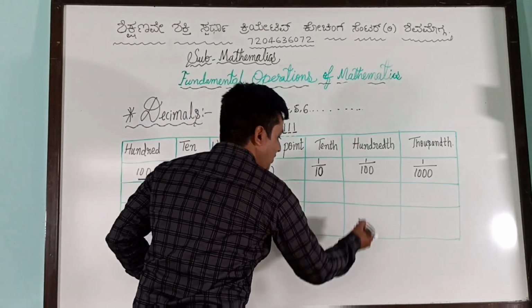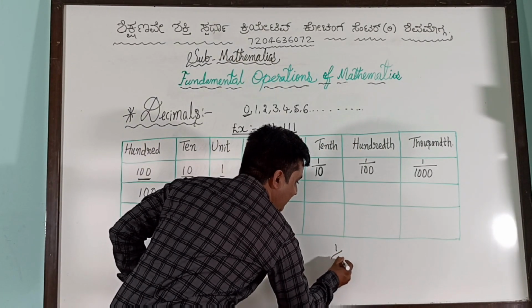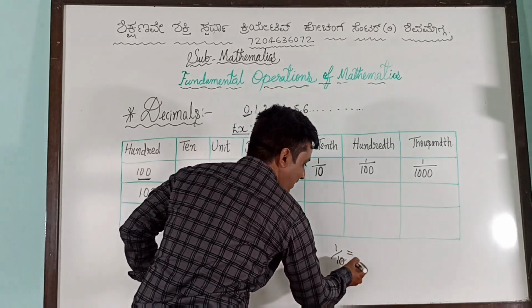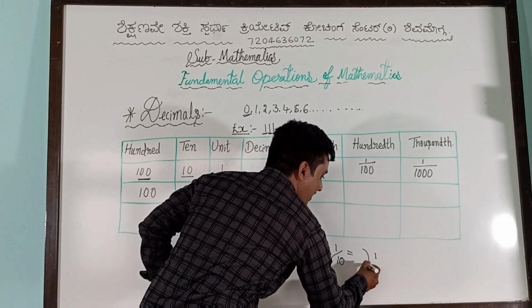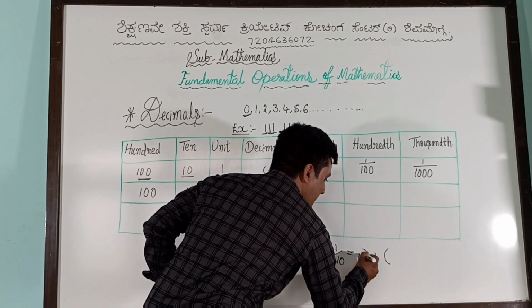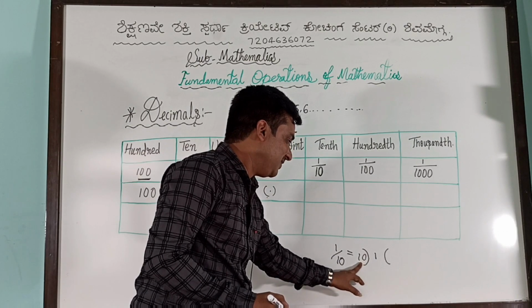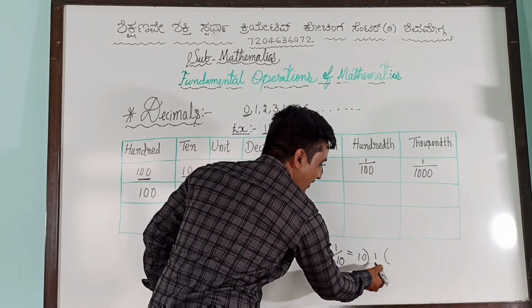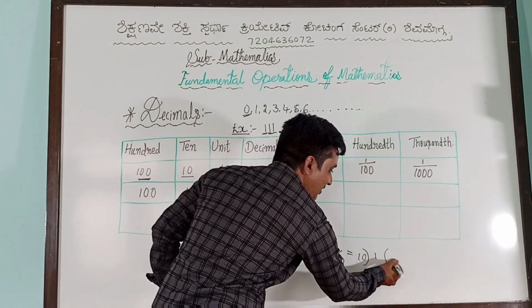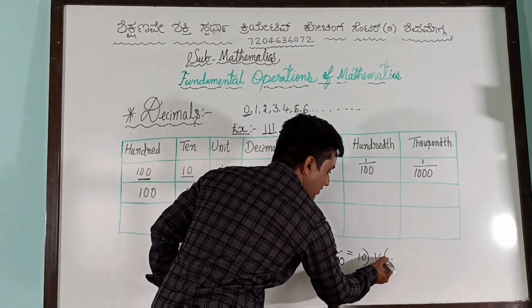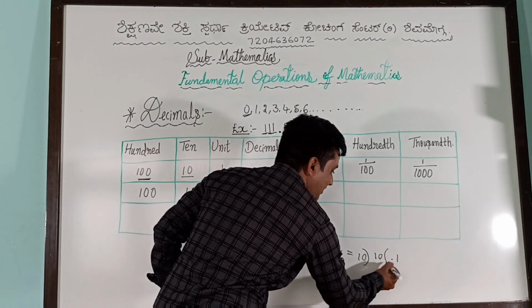If we want to find the value of 1 by 10, how do we have to write? See here, 1 is divided by how much? 10. We know that one. 1 is divided by 10. Okay. So here 1 we can't divide. So we have to take one decimal point and take 1 0. Again 10 ones are 10.